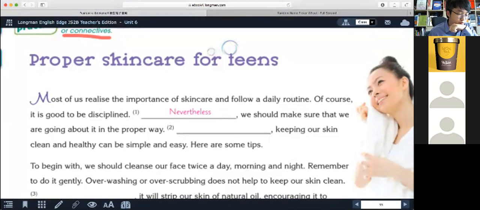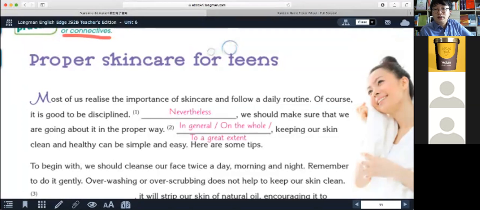And for question 2, Sam's answer is not correct. We do not use furthermore. Keeping our skin clean and healthy can be simple and easy. This is not an additional point or an additional idea of the first part of this paragraph. This is a generalization, so we have to use words like in general, on the whole, or to a great extent here.